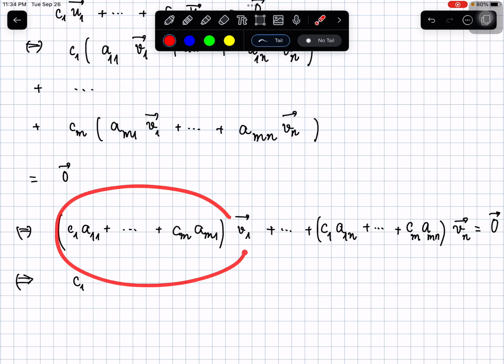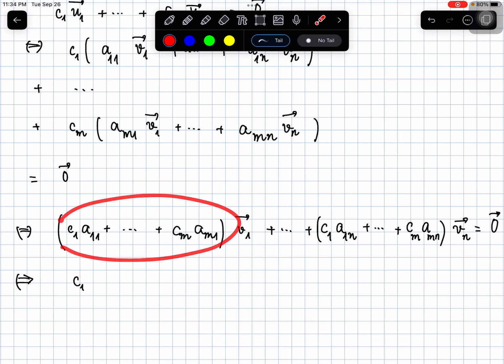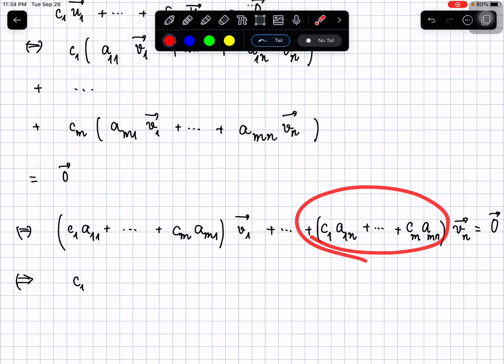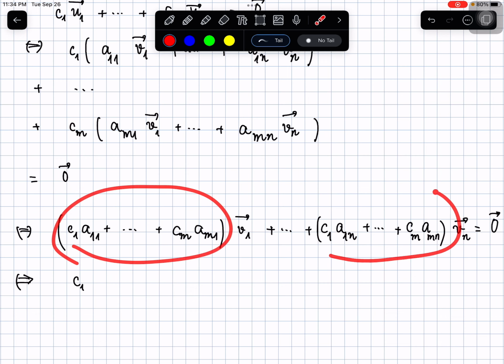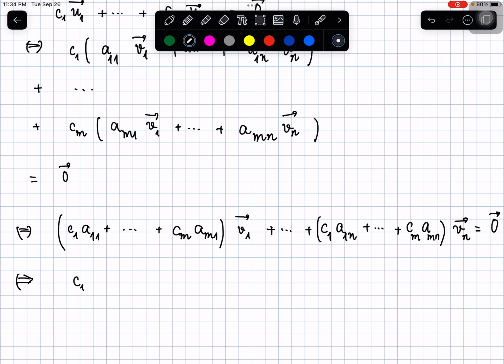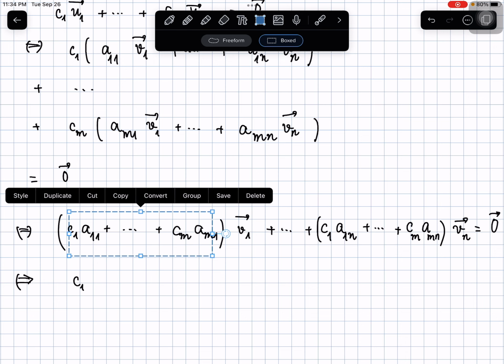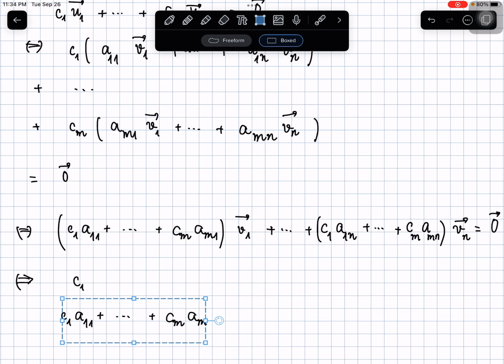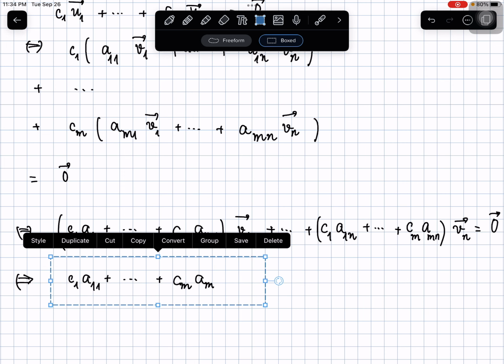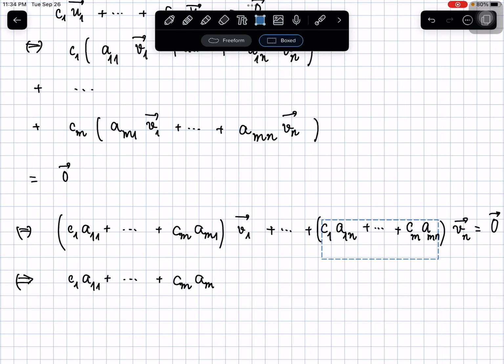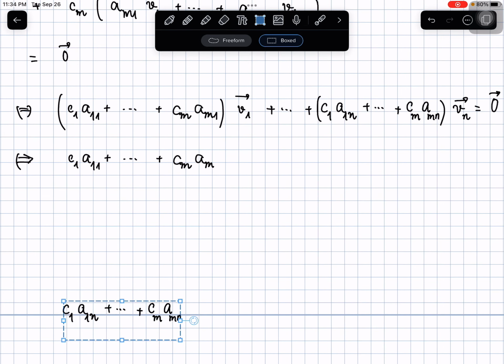So this equation has only the trivial solution: this one equal to 0, and so on until this one equal to 0.